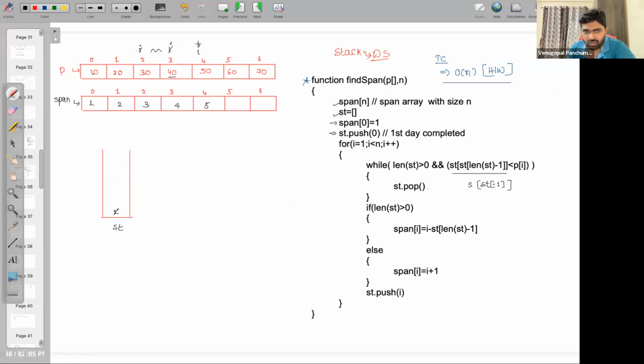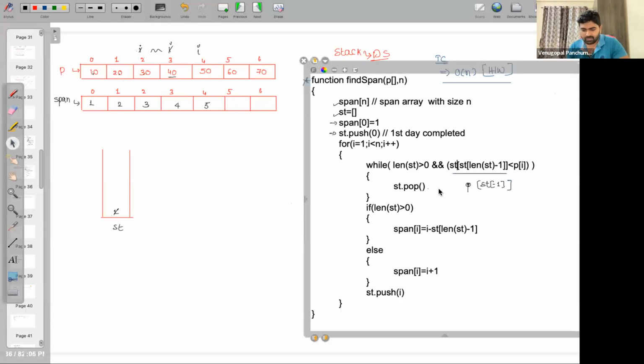Since I want the value of the array, let me write price of. I think here it is not st, it is price. Price of the topmost element of the stack I'm going to take and compare. I hope everyone understood this code, because in the last class I explained this clearly.